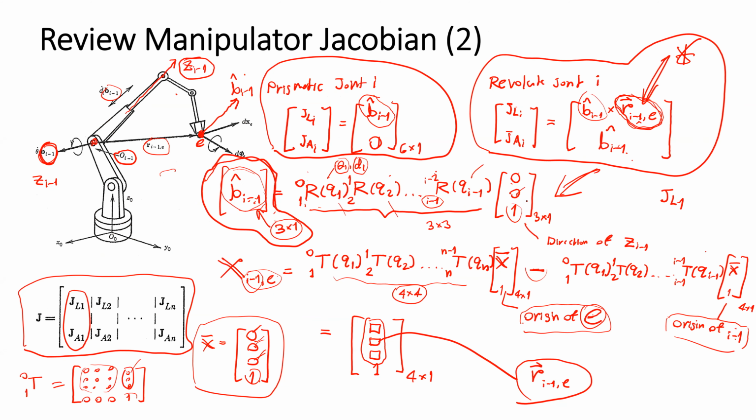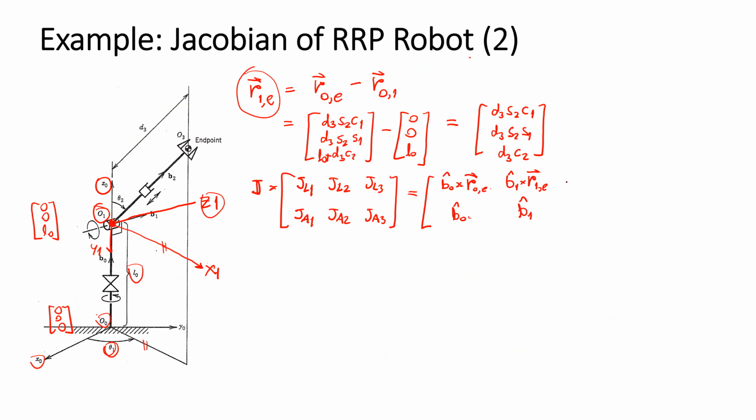For the prismatic joint, it's just Bi minus 1 and 0 vector. Bi minus 1 is B2 and 0 vector. So what is this one? B0 cross R0E.